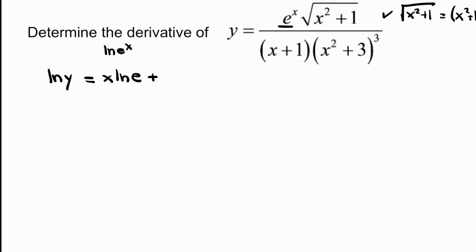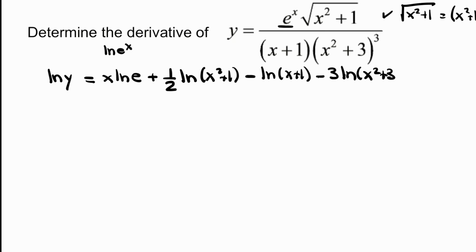So if I take the ln of that, I can bring the power down. 1/2 ln of x squared plus 1. Now I'm going to subtract the ln of what's on the bottom. So we take the ln of x plus 1. No need to bring the power down. It's just a power of 1 minus 3 times ln of x squared plus 3.